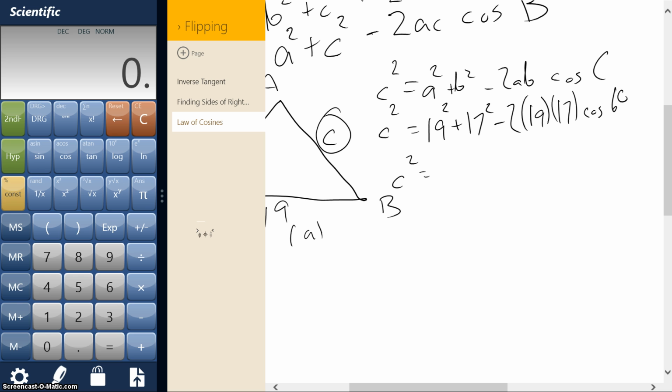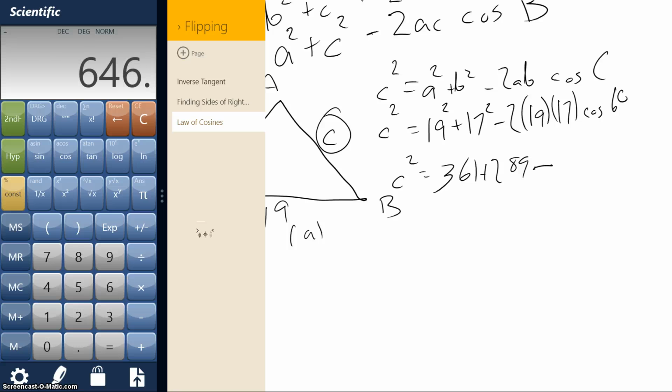So c squared, that's just going to be 19 squared, which gives us 361, plus 17 squared, which is 289, minus, let's do 2 times 19 times 17, which gives us 646 times the cosine of 60.